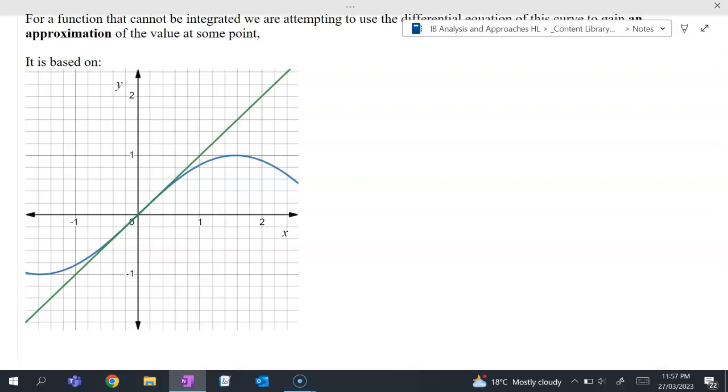So this is sine x and my tangent line is at the origin there. And we can see that on either side close to the origin the values of the tangent are very close to the function values.